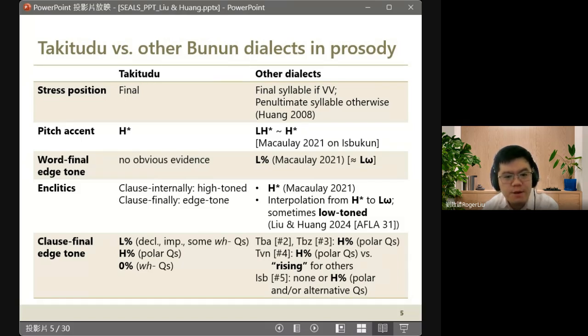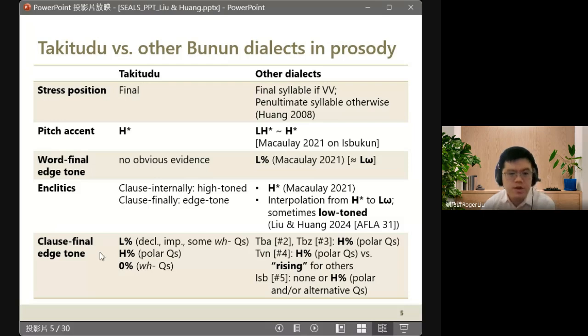While in other dialects, Macaulay proposed that there is a separate H star for the enclitics, and the H star causes the post-tonic syllables to show pitch plateauing, or at least in some data, we have found that there is an interpolation from the H star of the word, not the enclitic itself, to the word final H tone, and it is sometimes just totally low toned.